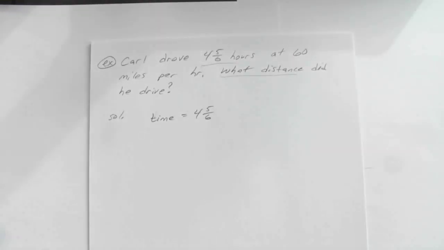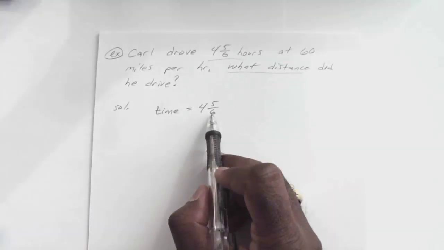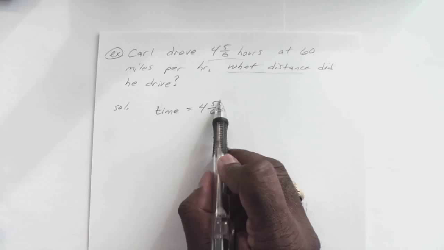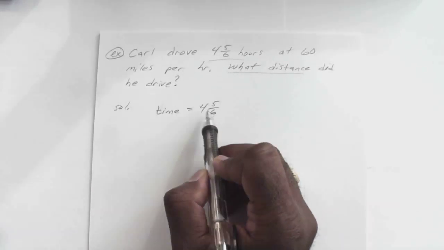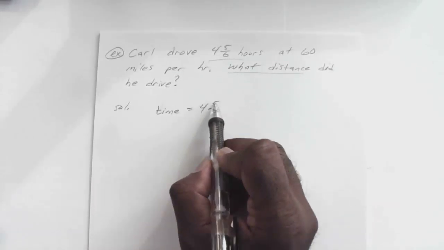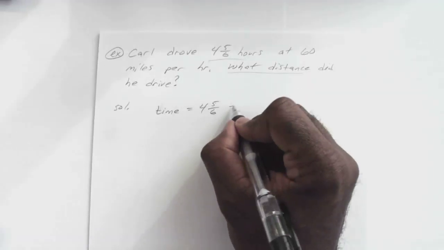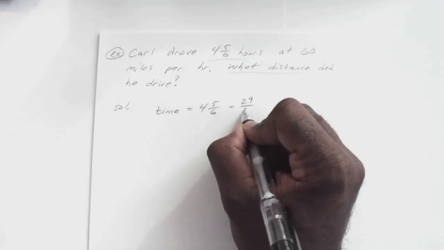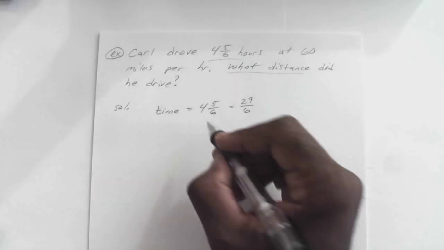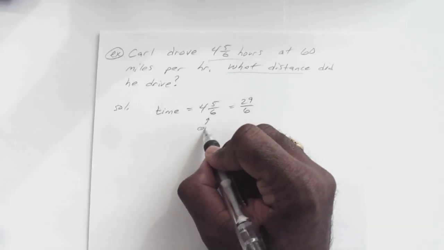Okay. Now you want to convert it to an improper fraction because you're going to have to multiply it. So remember, your denominator times your whole number plus your numerator. So you have 6 times 4 is 24, plus 5 is 29. So it's 29 over 6.